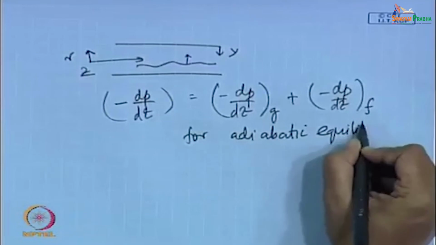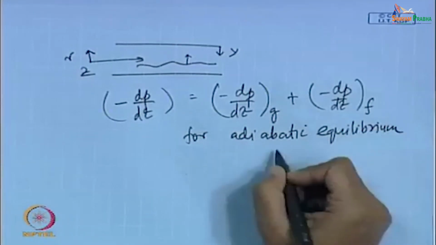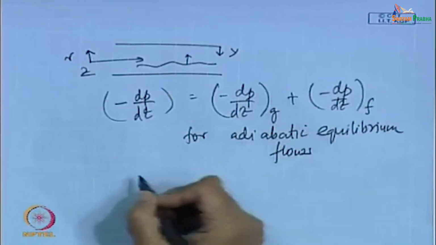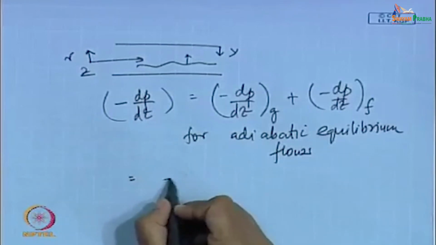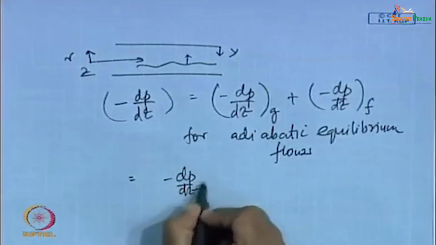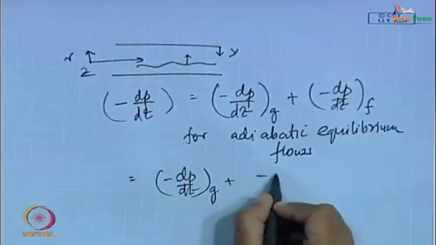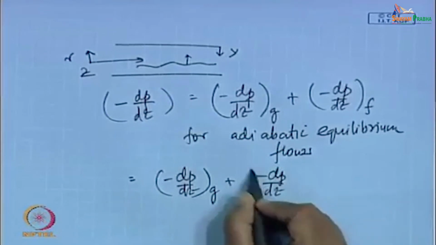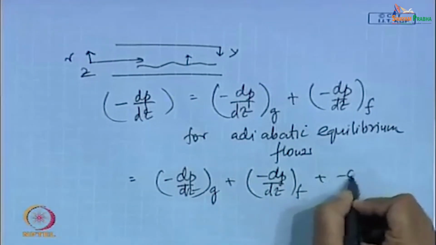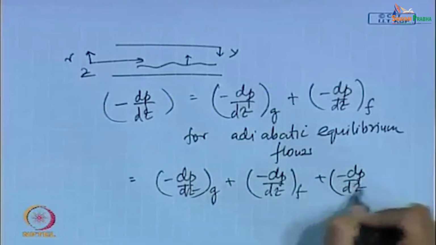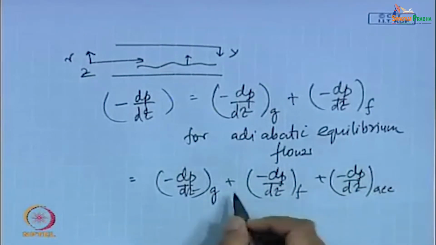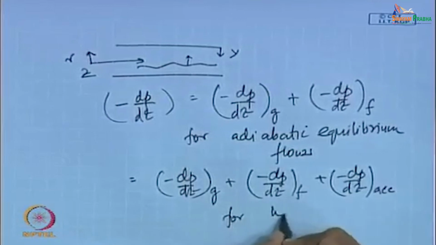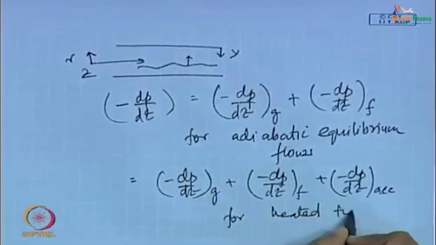For adiabatic equilibrium flows, this is equal to the gravitational pressure gradient, the frictional pressure gradient, as well as the acceleration pressure gradient, which comes into being when we have heated tubes, and under that circumstance what happens?